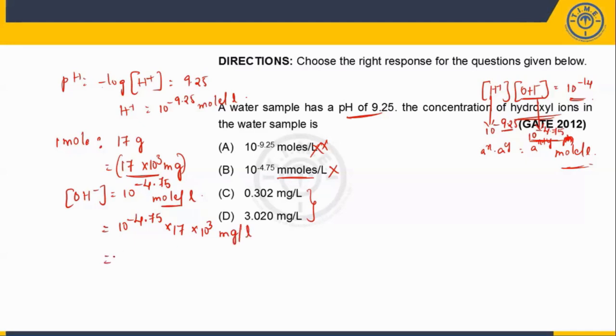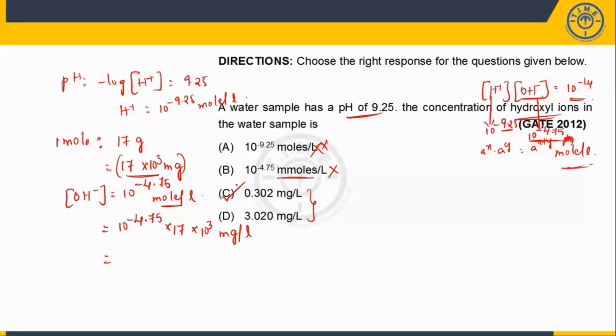Now, what is the answer? Sir, 0.302. 0.302 units is milligram per liter.